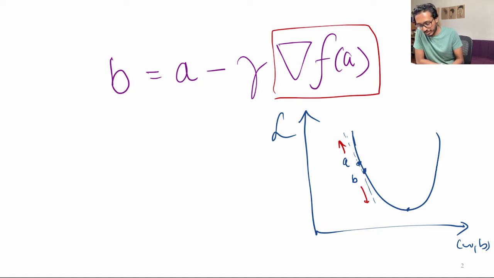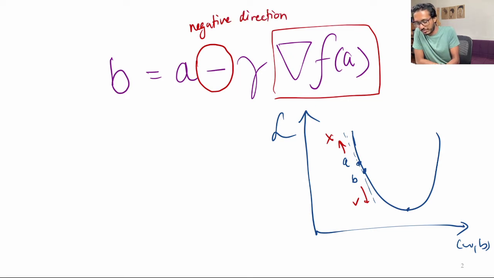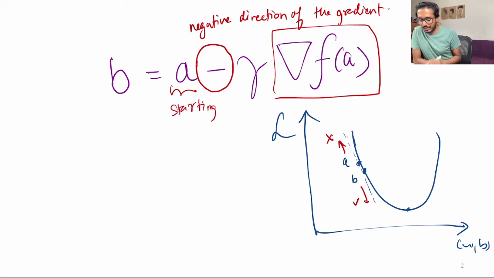So we don't want to go there, we want to go here. That is signified by this negative value here. So let's call this the negative direction of the gradient. And of course this is our starting point, so we'll be going from there, which is why we subtract the gradient from that starting point in order to get to our next location.